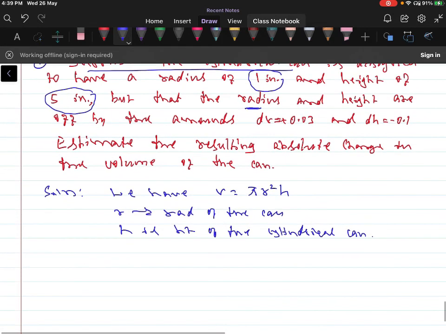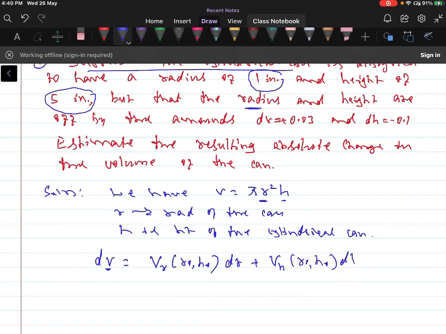Now, if you want the change in the volume of the can, that is dV, it can be written, since the change in volume depends on changes in the radius r and height h, by using the concept of total differential: dV equals dou V by dou r at the point r naught, h naught into dr, plus dou V by dou h at the point r naught, h naught into dh. So I have written this by using the definition of total differential.